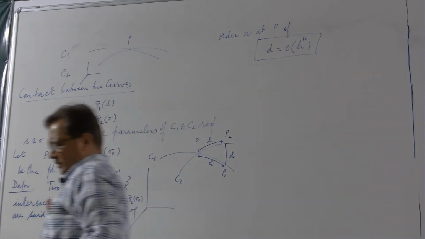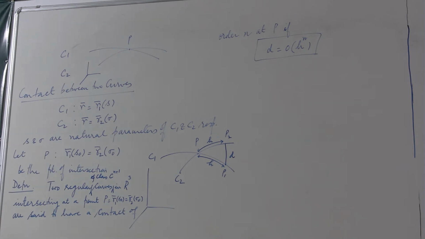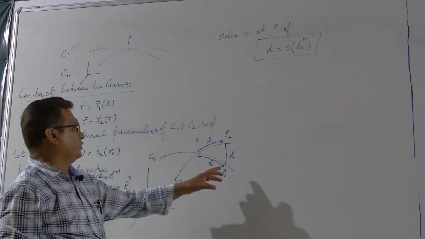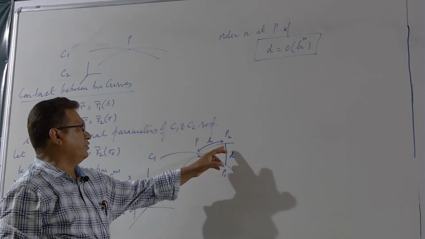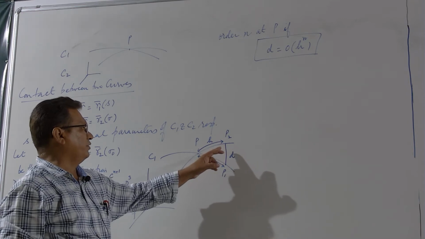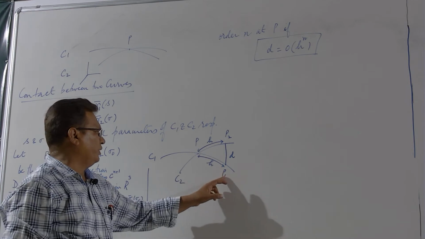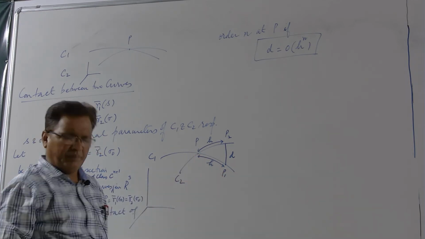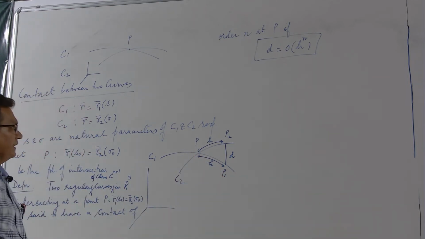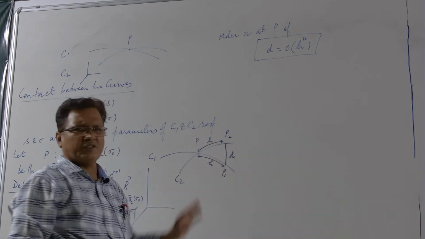This is the defining condition for the contact between two curves, and you can understand what I mean by writing d equal to O(h^n). When P1 and P2 tend towards the point P, that is, when h goes to 0, then d will also tend towards 0.